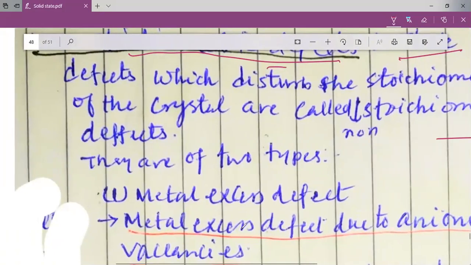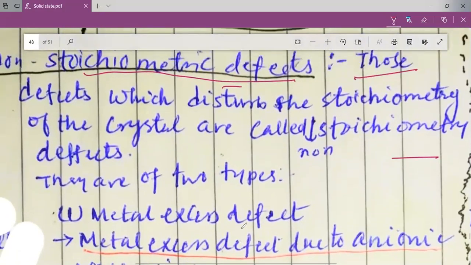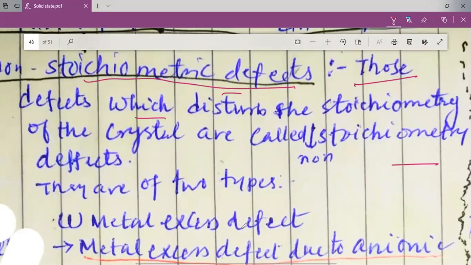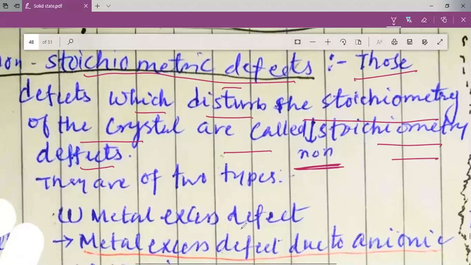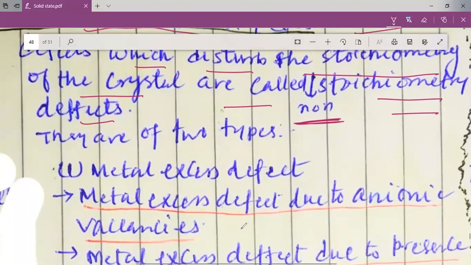Please understand it well, those defects which disturb the stoichiometry of the crystal are called non-stoichiometric defects.